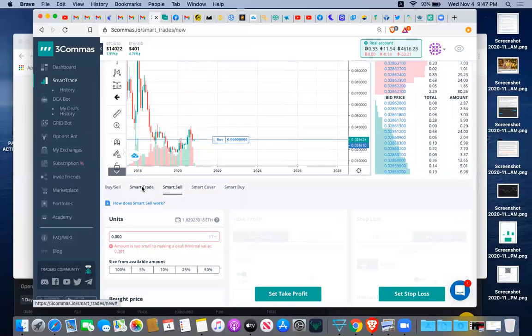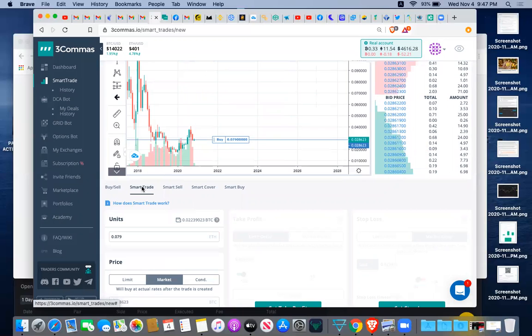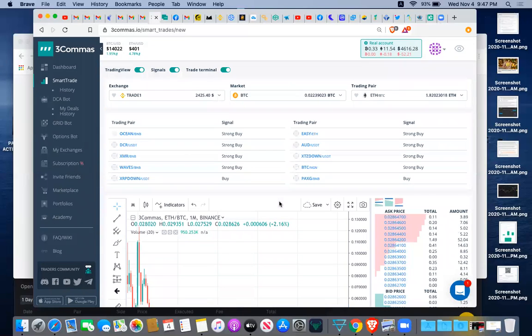So what you do here is called smart trade. Okay, strong buy, it tells you that there are more buyers. Wow, so more people are still buying BTC, NGN. Okay, so assuming I want to go into smart trade now, I can say, okay, let's take NGN.